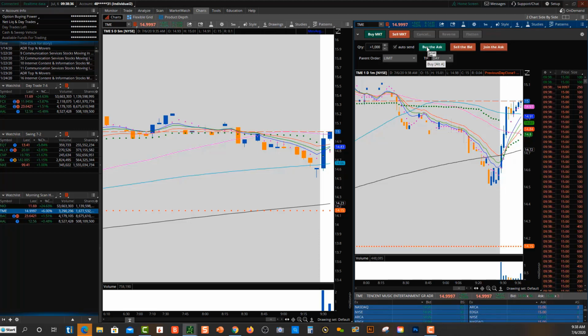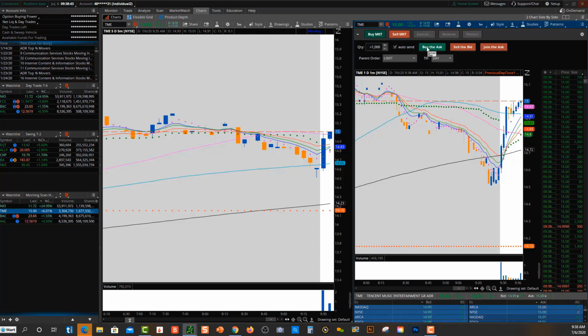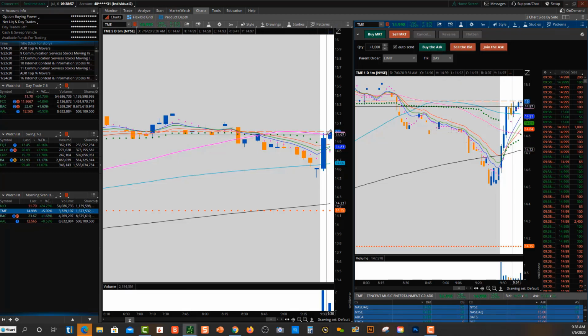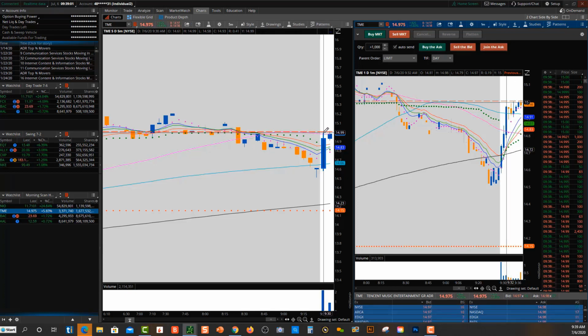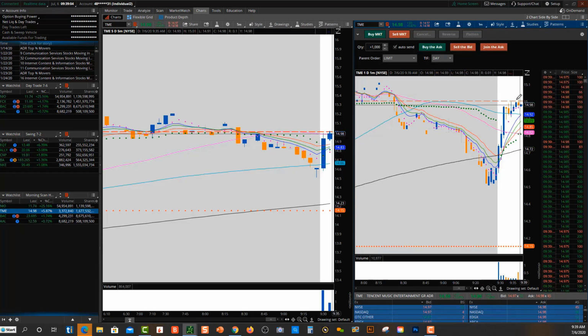Like to see 15.01. Not yet. Still 15 bucks. Right at resistance. I'm going to let this candle form another minute, 10 seconds or so, for the 5-minute candle to complete. You can see it's right at that 50 SMA. It's touching above the 5-minute candle, but it's kind of pushing back right here.